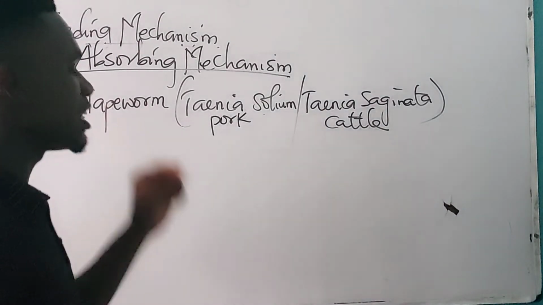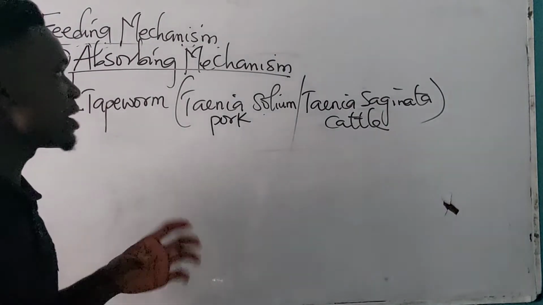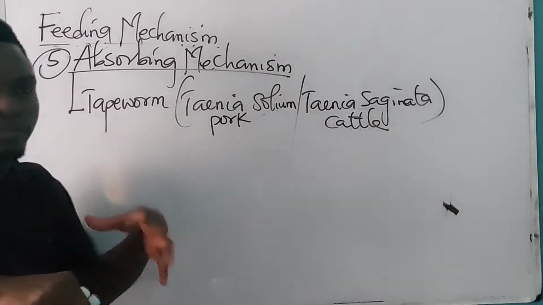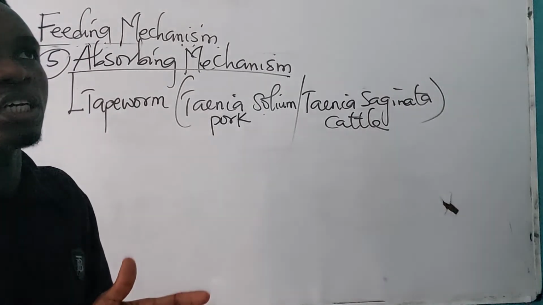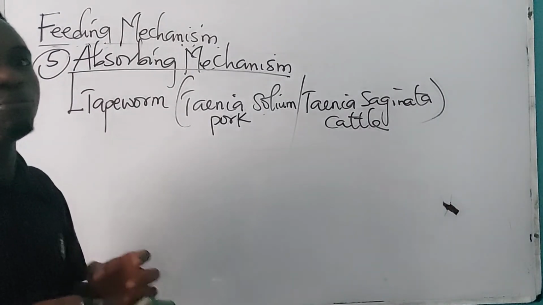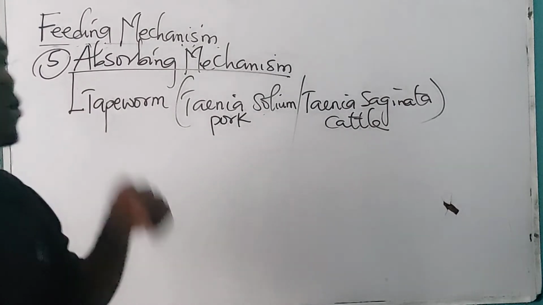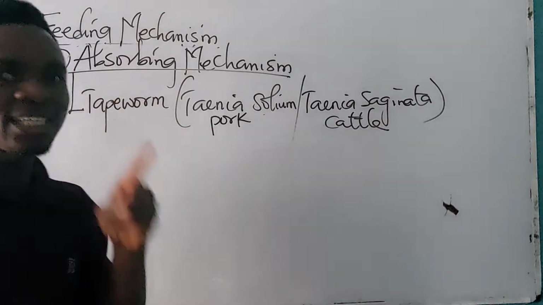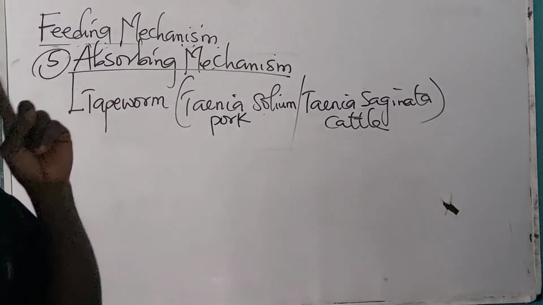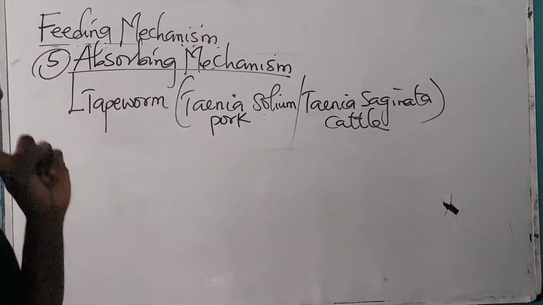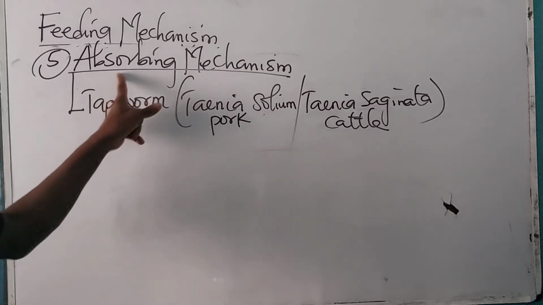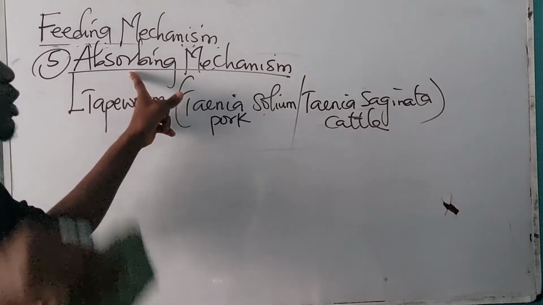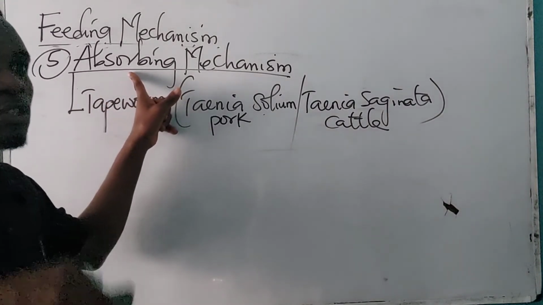It lacks an alimentary canal, which means that it rests within the digested food materials of its host. It is just there. It does not digest its food because it lacks an alimentary canal. Therefore, it only absorbs nutrients from the already digested food of its host.